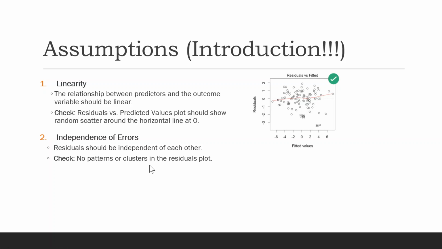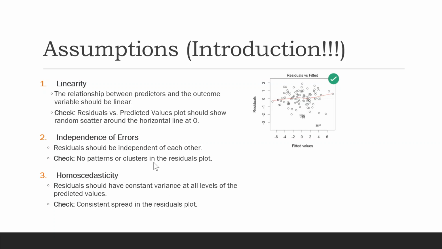If we do see patterns or clusters, where a bunch of the points are clustered together, or there's some pattern in that picture, that might mean there are other variables that may be very important to be included, and we're missing them.